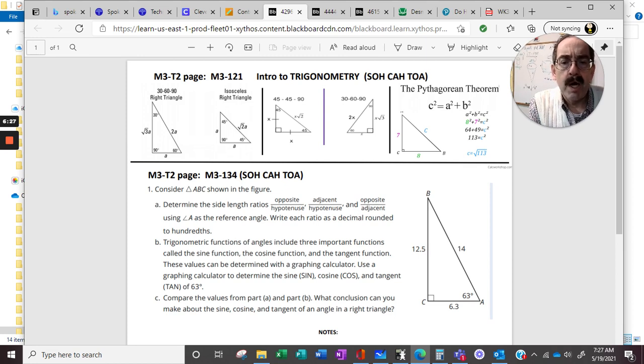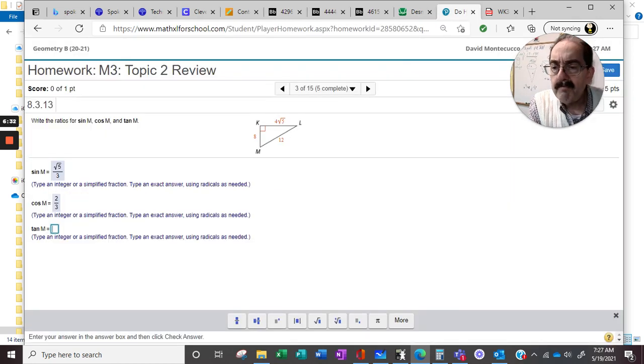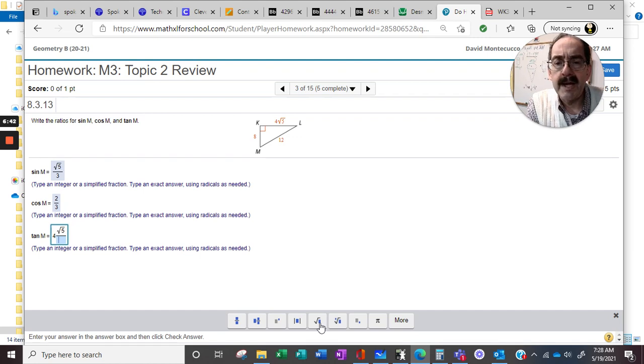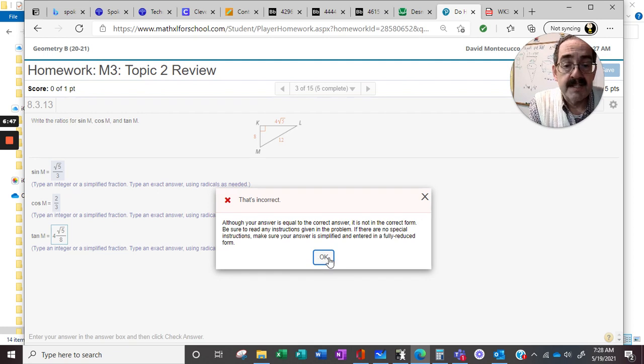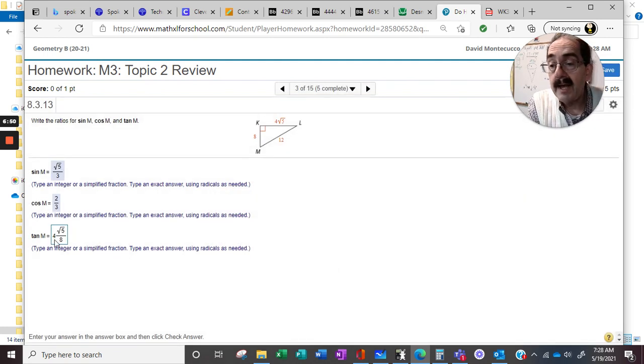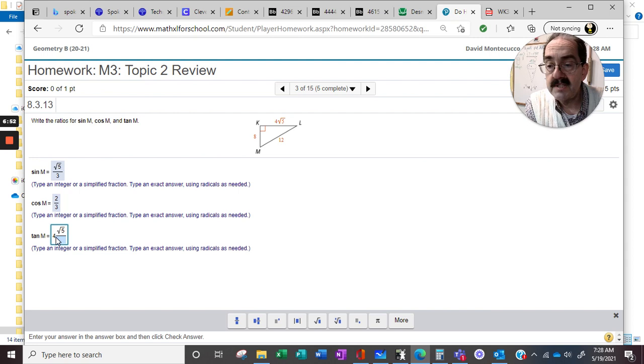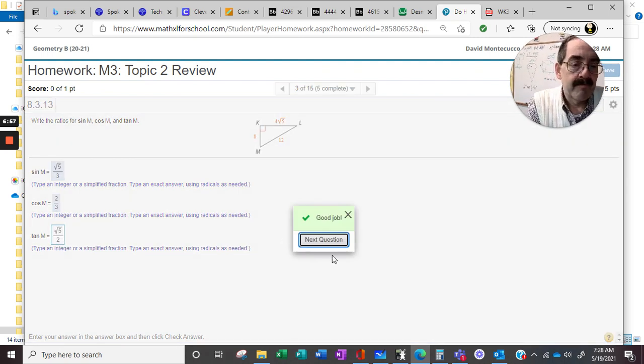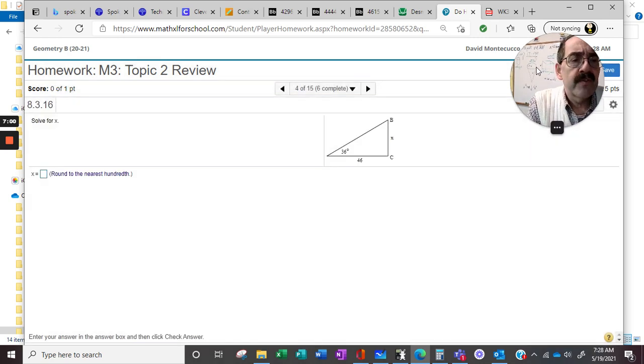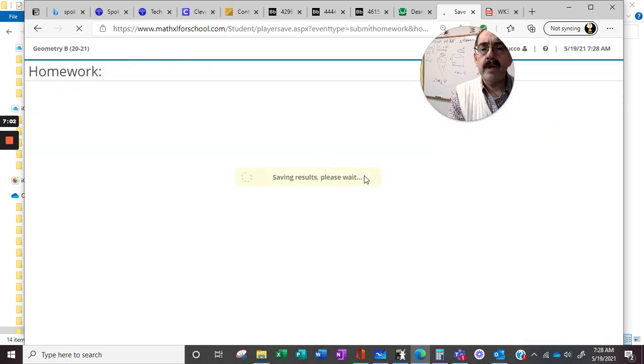The opposite over the adjacent. So 4 radical 5 big arrow slash 8. Again, it doesn't like it because it's not simplified, but it is correct. Okay, so we're going to get rid of the 4. We'll change this to a 2. Get rid of the 4, and it'll like it better. Okay, all right. So don't forget, once you've done a few of those trig, move on.